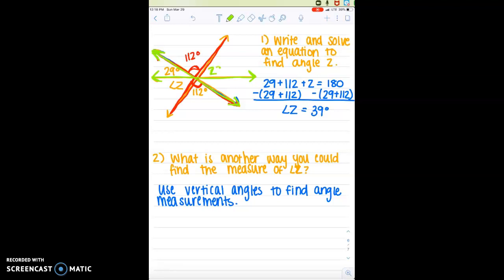And I wrote it in the wrong spot originally, so do not write it there. I have to erase that, so give me just a second. So it's going to go right there, and we can see that that angle is going to be 29 degrees as well because it is the vertical angle with the other 29-degree angle that I have.